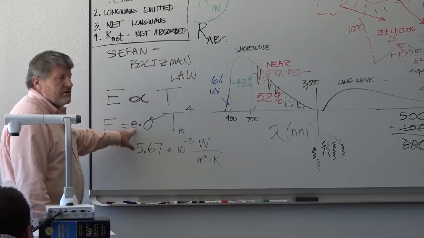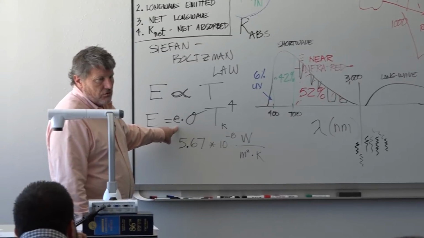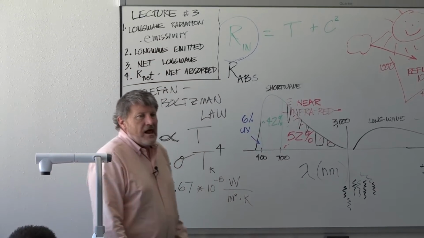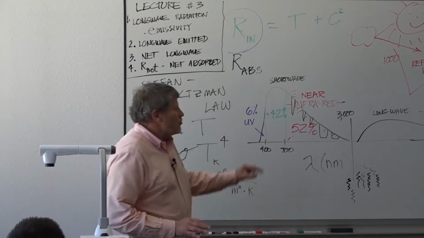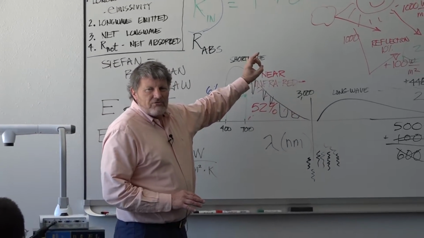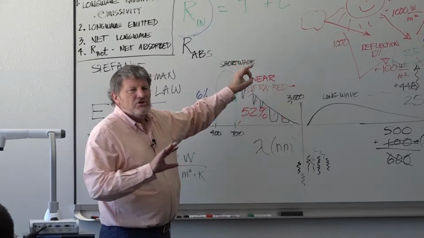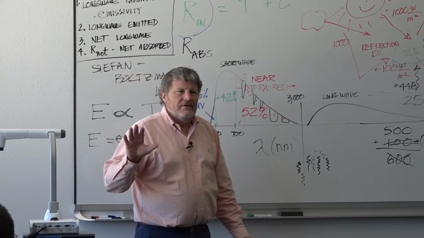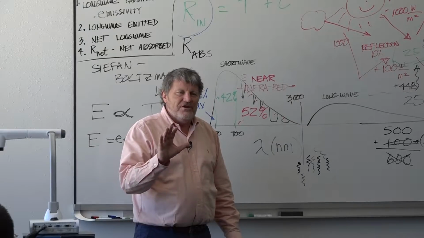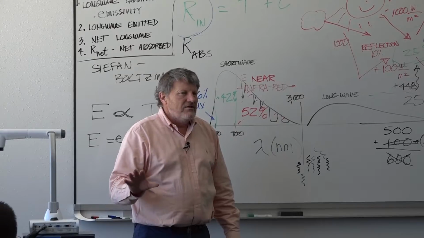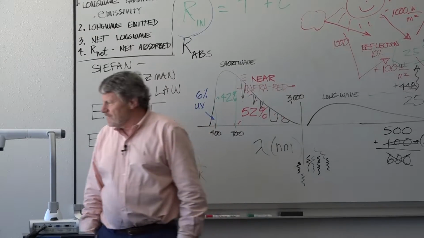So we get an additional symbol in here, it's lowercase e, called emissivity. Emissivity is 1 for a perfect black body, and the opposite extreme is a piece of tinfoil, the best common thing I can think of that has a low emissivity.